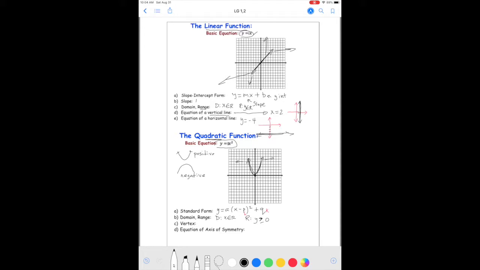Now the vertex is right there. Because there's no bracket and nothing outside there, we remember it's 0, 0. And the equation of the axis of symmetry, that's x equals p. In this case, it's x equals 0.